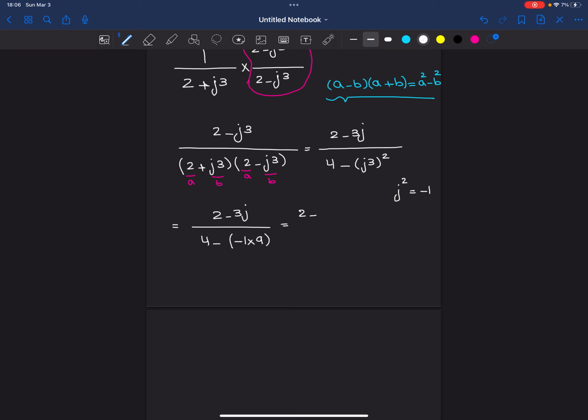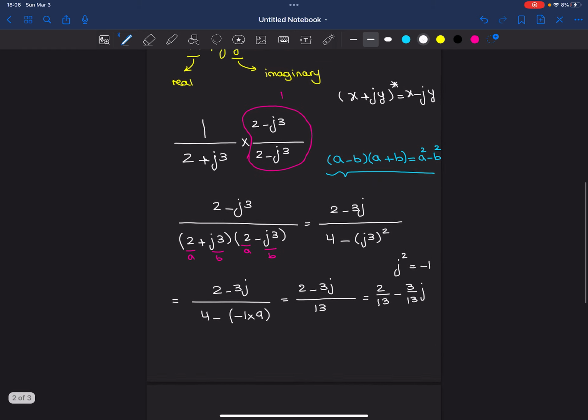So we're going to have 2 minus 3j over 4 plus 9, which is 13. So at the end, I'm going to end up with 2 over 13 minus 3 over 13j. So I was able to represent my fraction in a complex format. Here, this is my x and this is my y.